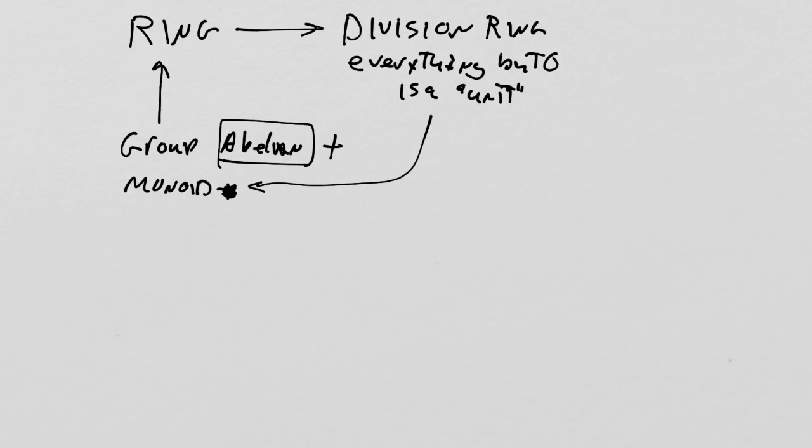But because 0 doesn't have it, the division ring cannot be a group.